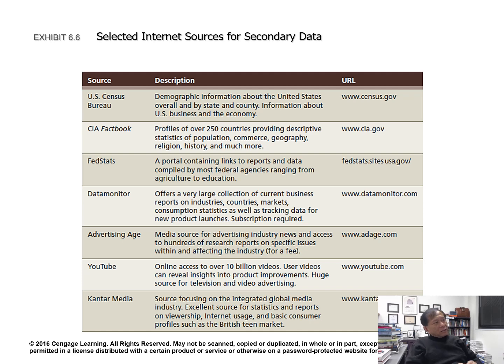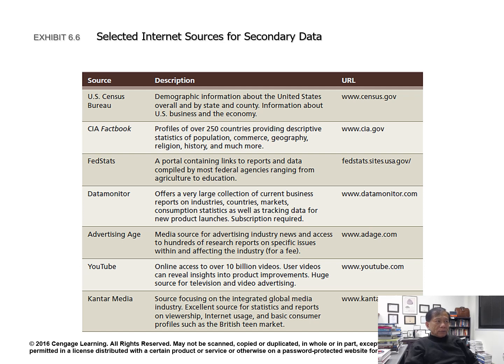Table 6.6 shows selected internet sources for secondary data. It's very helpful, so use it for your project and your future. You have the U.S. Census Bureau, uscensus.gov, and the CIA Factbook.